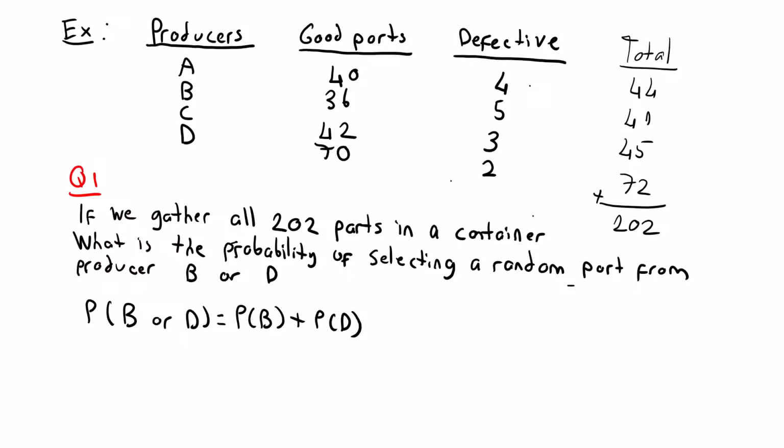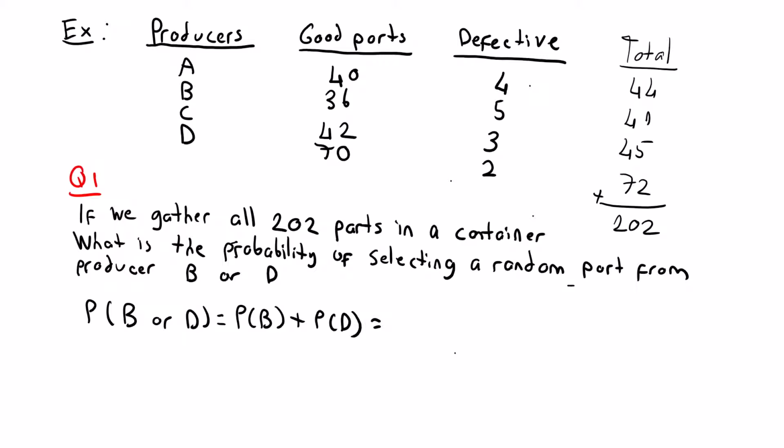So we don't differentiate between the good parts and the defective parts. 202 contains all the good parts and the defective parts or the units manufactured by producers A, B, C, and D. Okay, and we're looking for the probability of selecting a random unit or a random part from producer B or producer D. Okay, so we're looking for PB or D, that means PB plus PD.